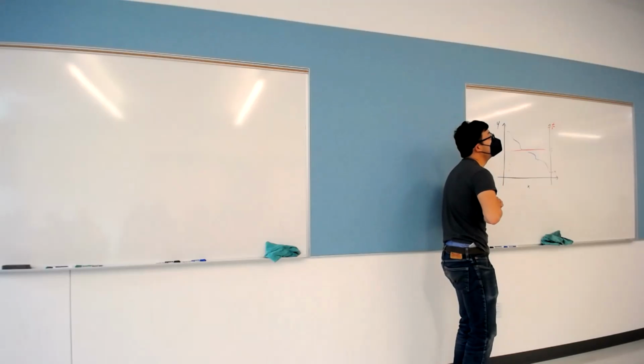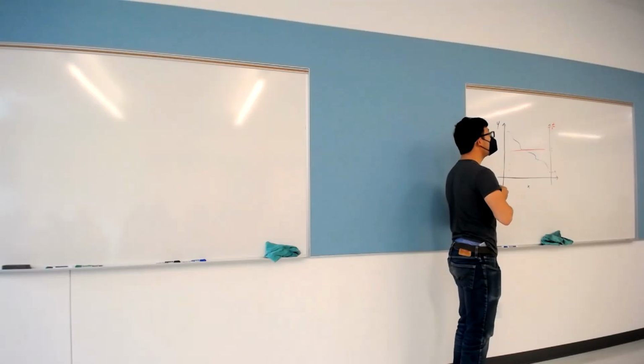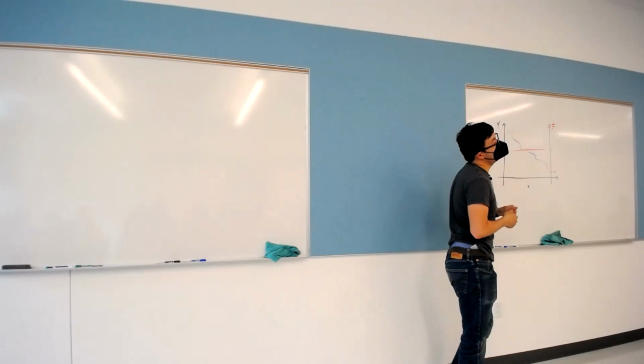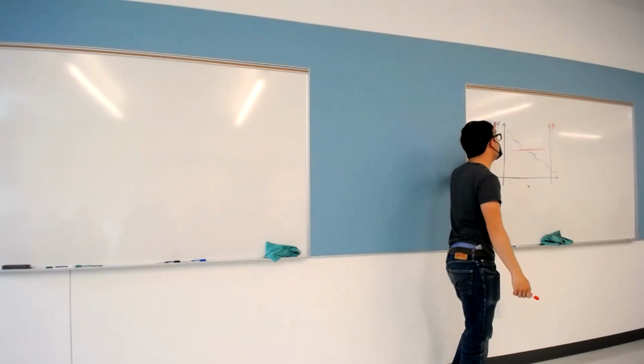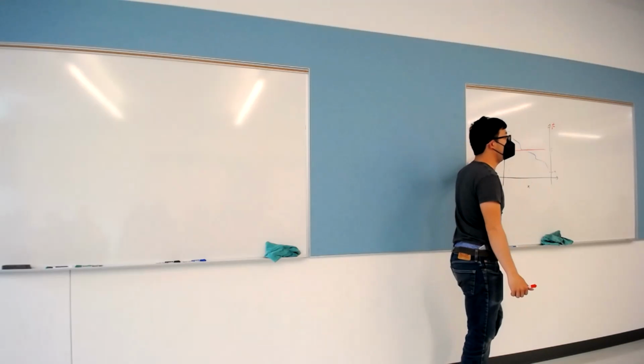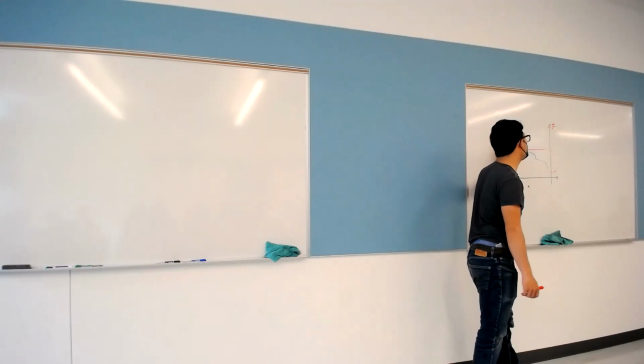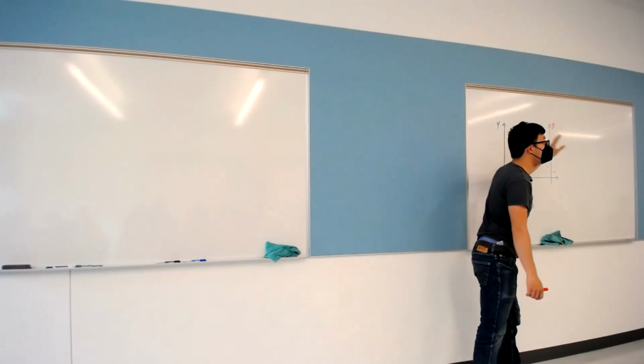What are some examples of this off the top of my head? Maybe you have, I don't know, GDP and population, okay? And then you want to show the relationship between GDP and population.